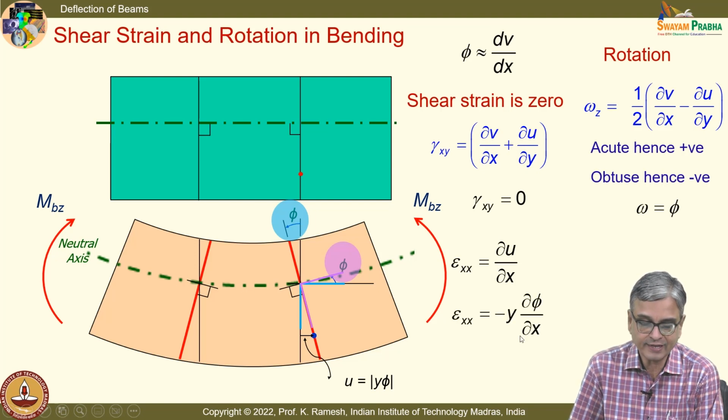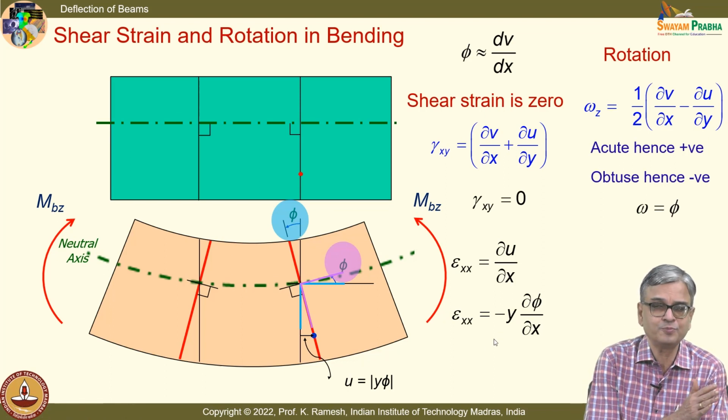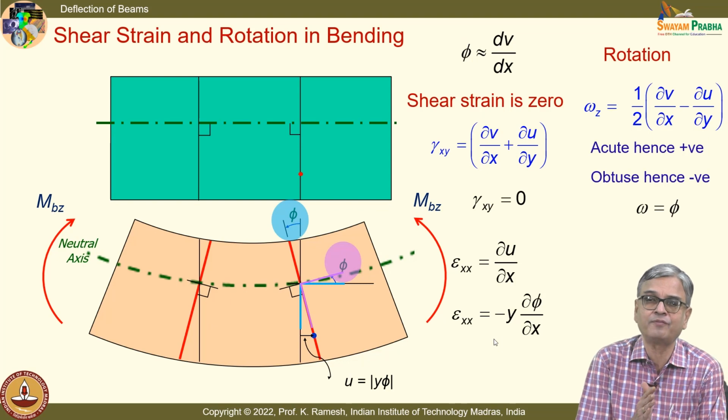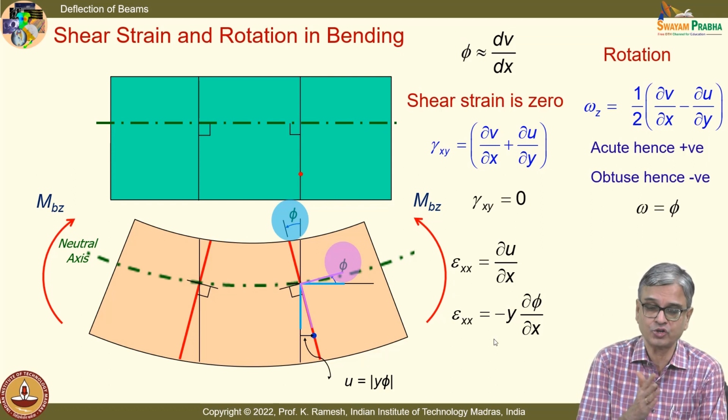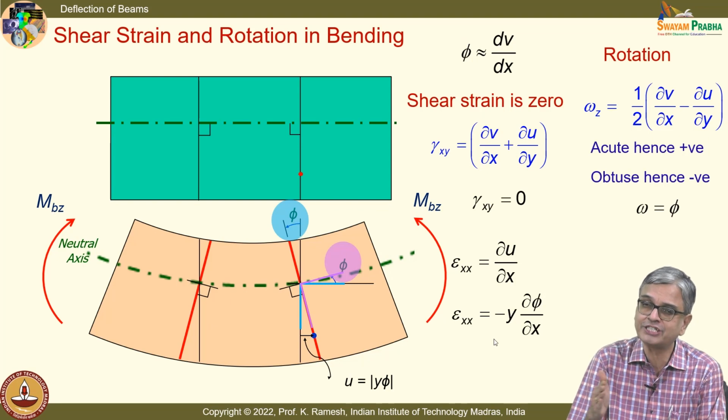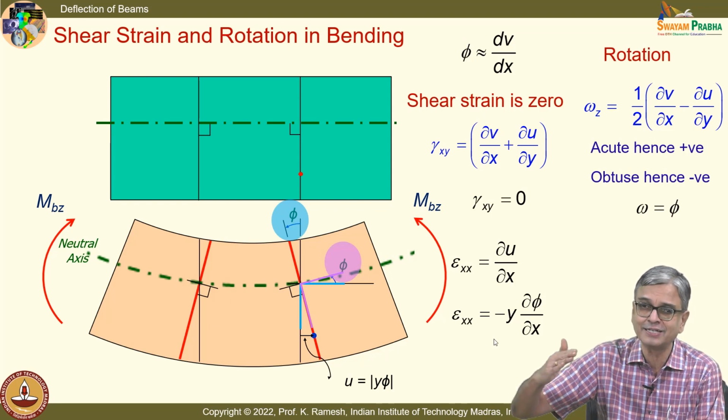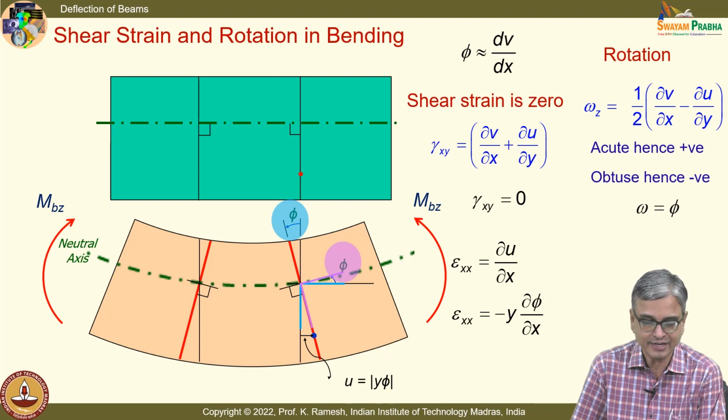So, I get epsilon xx is minus y times dou phi by dou x. What we write is with the sign accommodated. So, it is a smooth transition from what we have learnt as the strain displacement relation to what happens in the case of a beam. And I have already shown, when I showed the beam bent, you saw phi was changing. You can see the rotation was increasing.